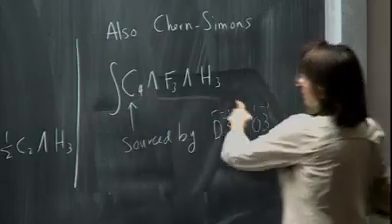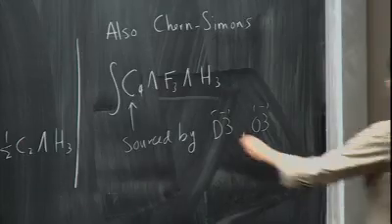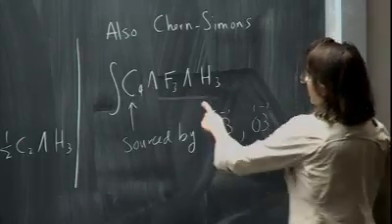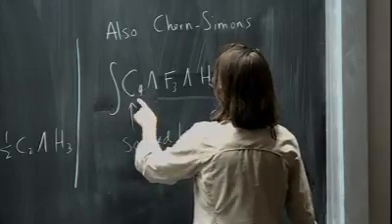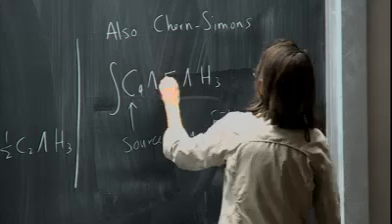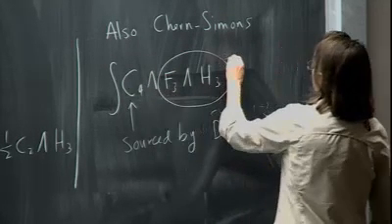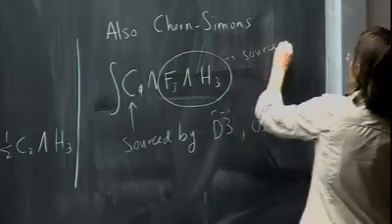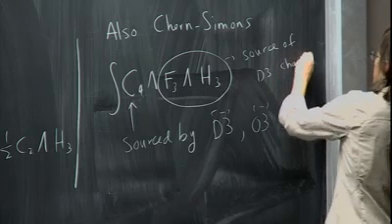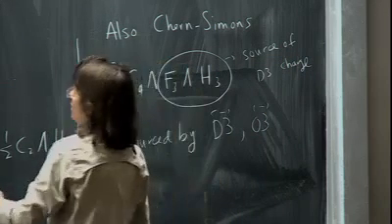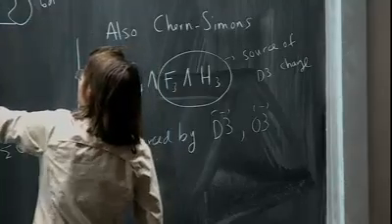But here you see in the action there's a term that specifically depends on that, this coupling, and what that means basically is that this combination of fluxes is another source of D3 charge. So this is an extra source of D3 charge. So in a 10-dimensional type II compactification, so now this is six extra dimensions.